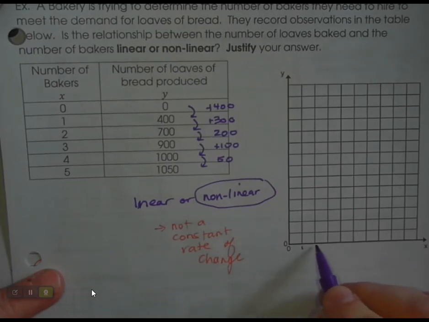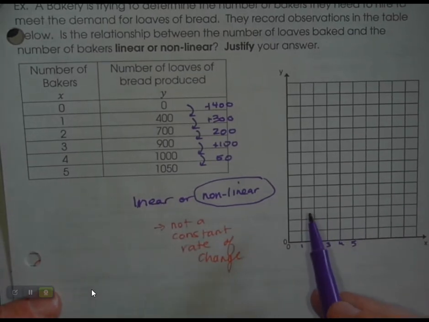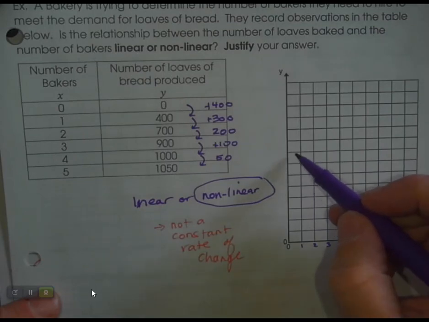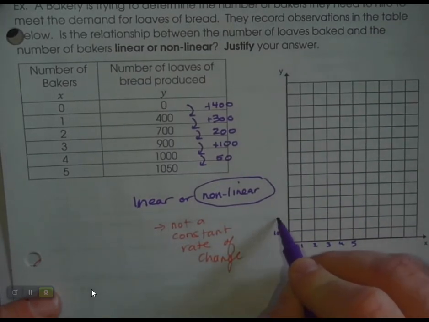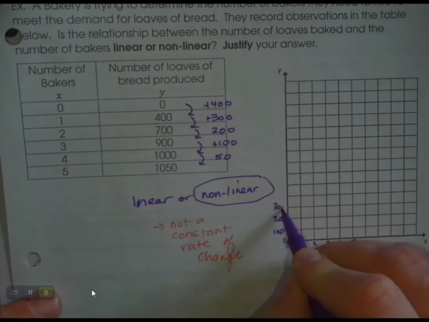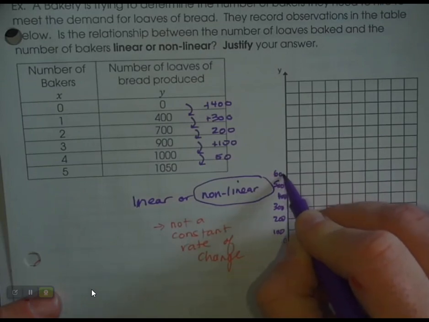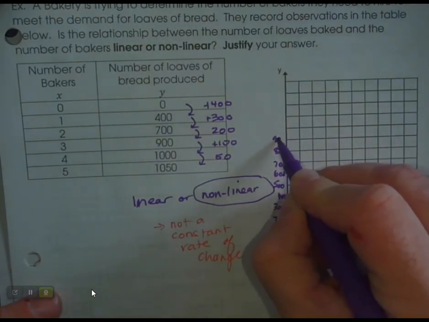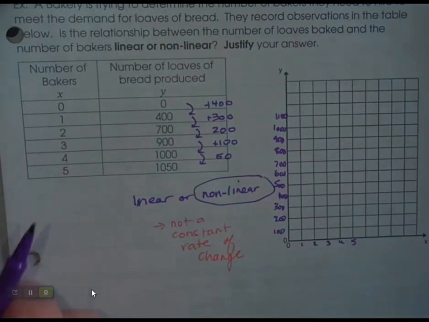All right, 1, 2, 3, 4, 5. All right, I've got 1, 2, 3, 4, 5, 6, 7, 8, 9, 10. Let's go up by hundreds. 200, 300, 400, 500, 600, 700, 800, 900, 1,000, 1,100.